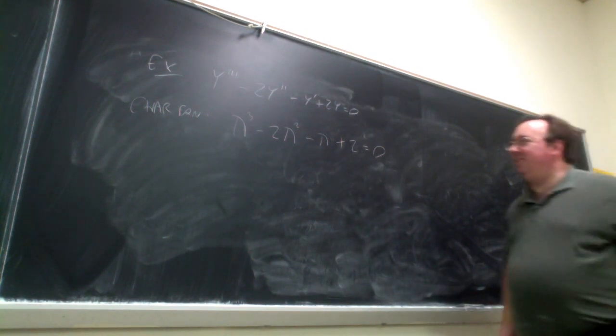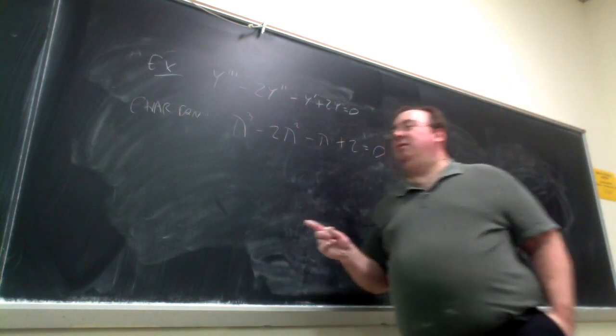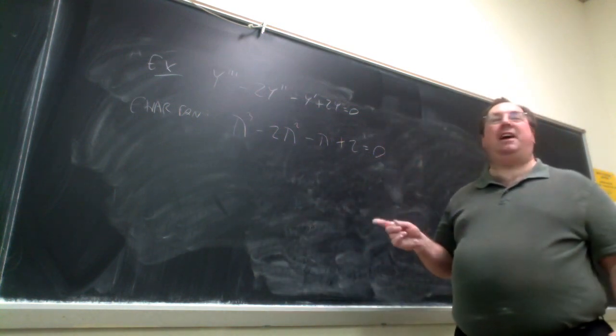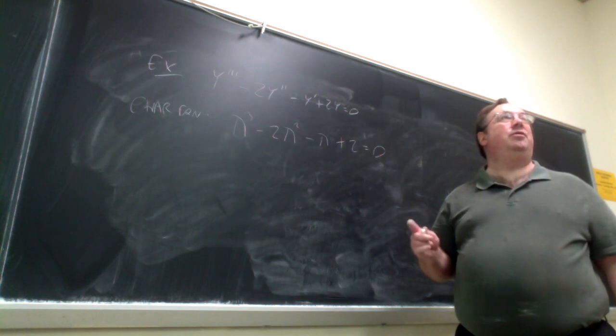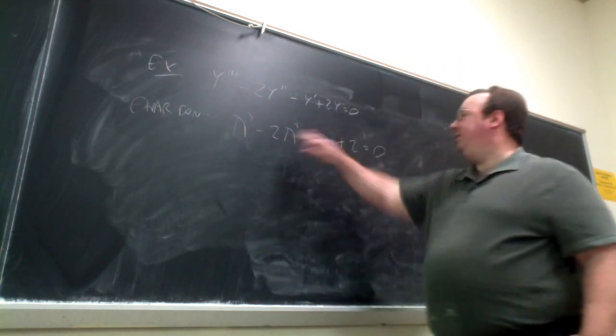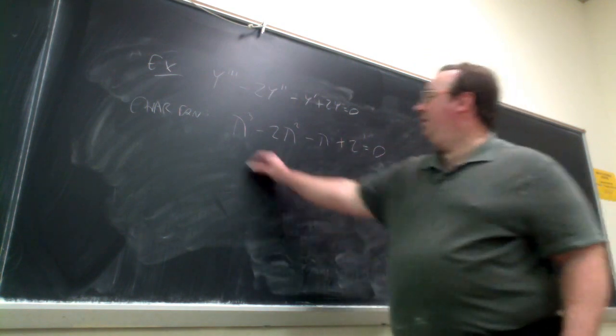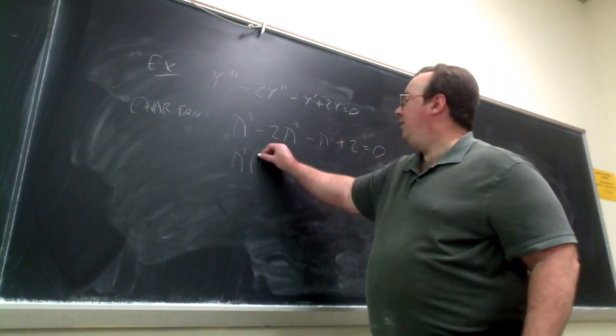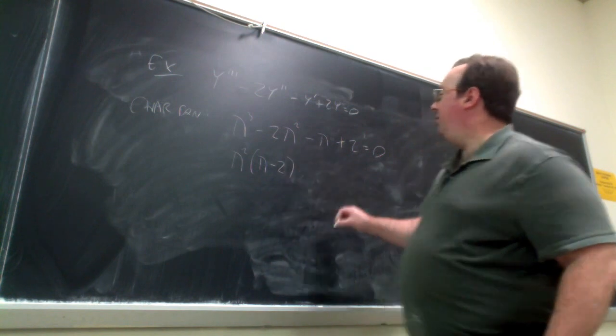Yes, that's why I mentioned that earlier. Factor by grouping. See what you can factor, if anything, out of the first two terms. So ignore these. What can you factor out of the first two terms? Lambda squared times lambda minus 2.